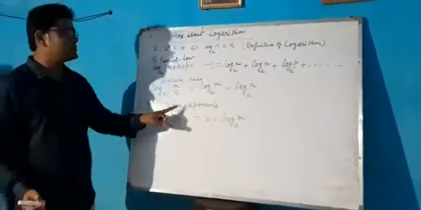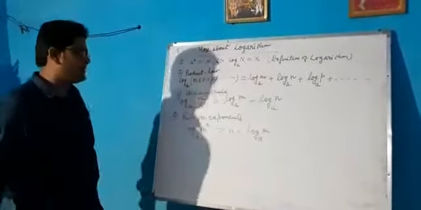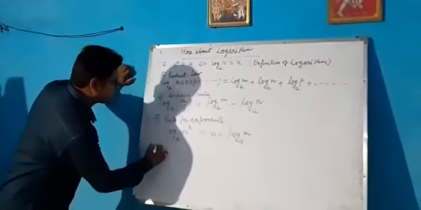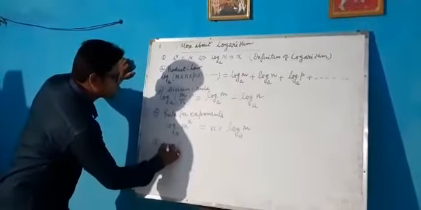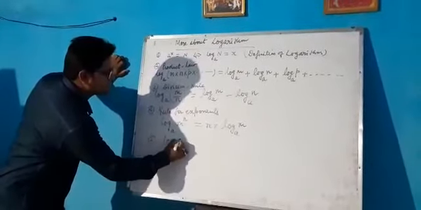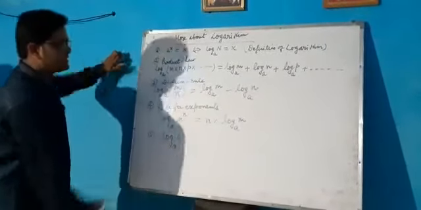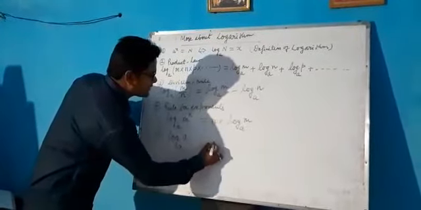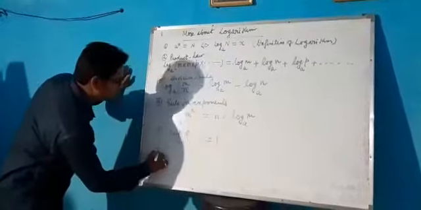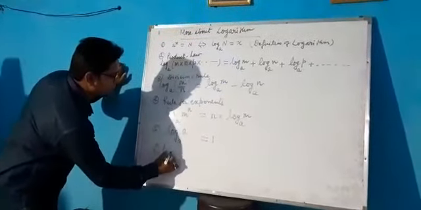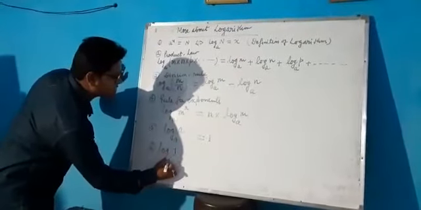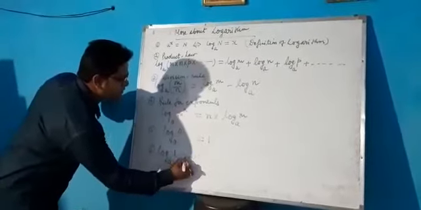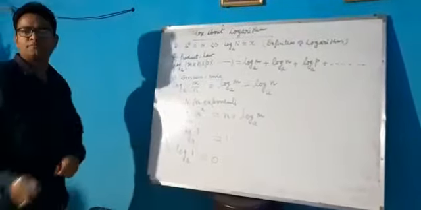Either these are numbers or functions, it is equally applicable. Fifth one, logarithm of a to the base a. If the base and the number are same, its result is 1. And the last one, logarithm to the base a of 1 is equal to 0.